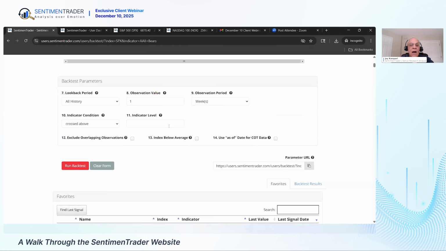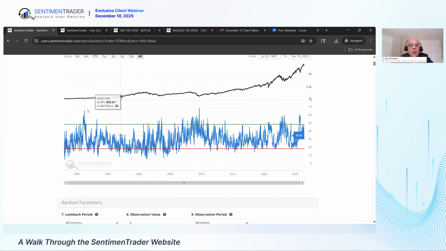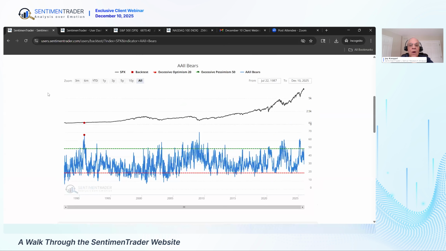And I'm going to say, I want to know if it crosses above 61%. I picked that number for a reason, but for the first time in, let's say, 6 months. So I say 6, set it to months instead of weeks, and I say exclude overlapping observations. That way, if I get a signal one week and then the next week and the next week, I'm only going to get the first one in 6 months. So when I click that, it starts running, and what you see are red dots.